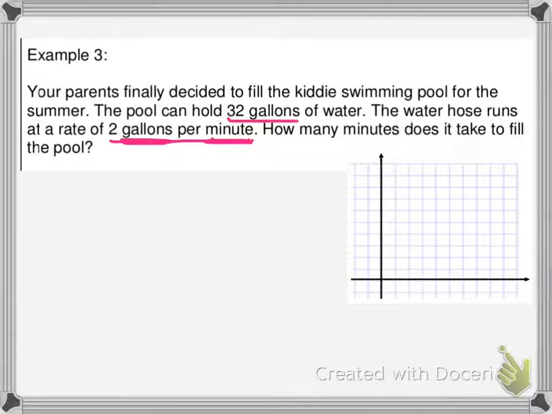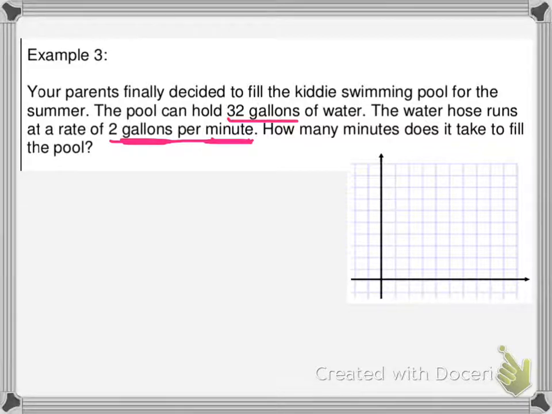So let's think. What's going to influence what? I'm filling a kiddie pool. It starts off empty, right? Is the number of gallons I put in the pool going to determine how many minutes it takes to fill it? Or is the number of minutes it takes to fill it going to determine how many gallons I put in?